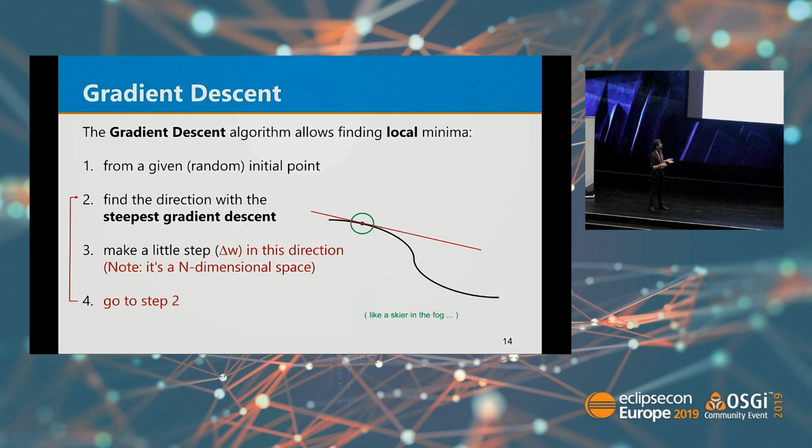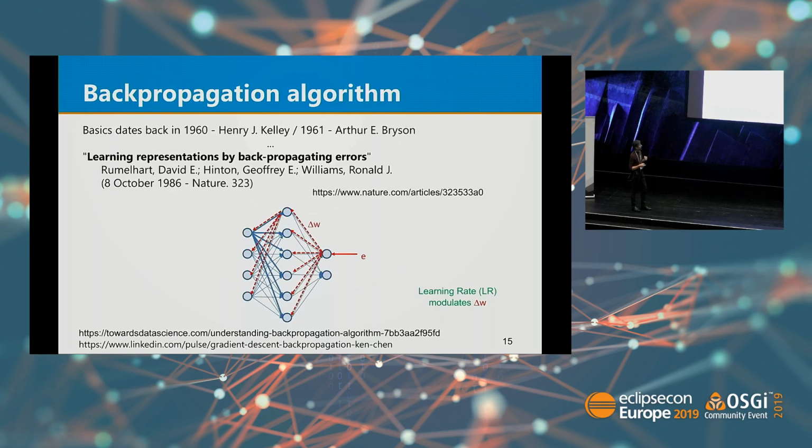And what about the direction? Well, we can start at a random point in the weights domain, but we cannot move randomly in the weights domain. We have to apply some technique. Gradient descent is one of these techniques. And in particular, speaking of neural networks, there is the backpropagation rule, which is a variation of gradient descent, which became famous in 1986 with a famous article in Nature magazine.